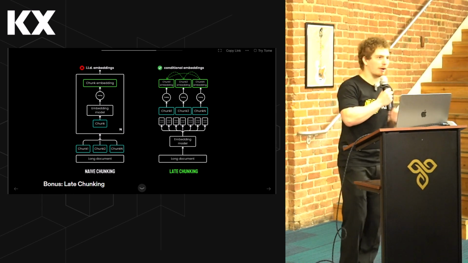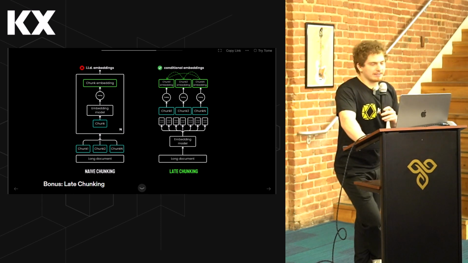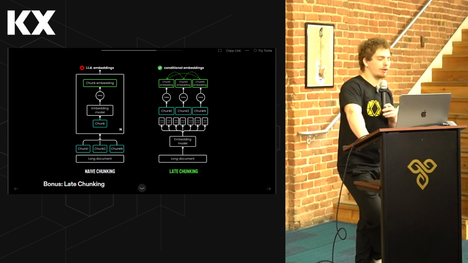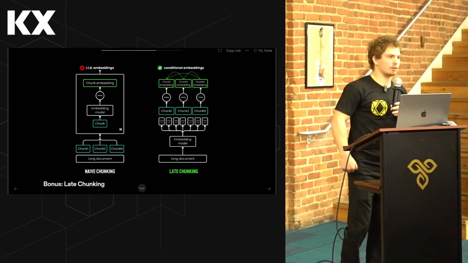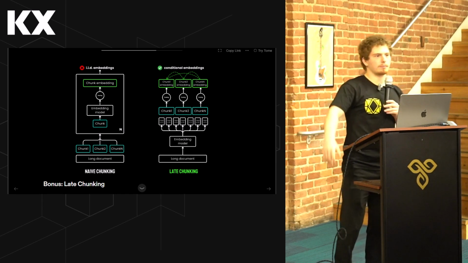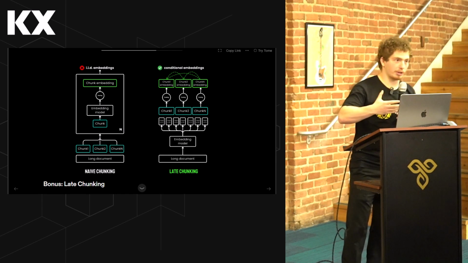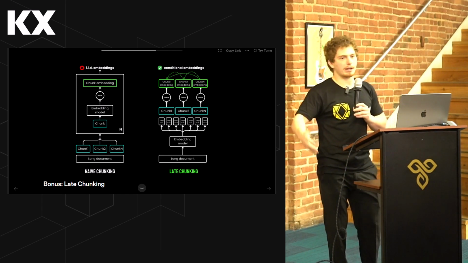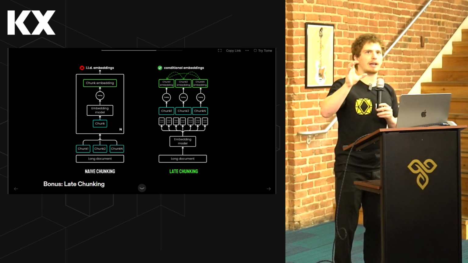Okay, bonus round. I swear I'm almost done. Late chunking. You might have heard late chunking around, and what is it? Late chunking is this idea that when you're generating an embedding, instead of taking the individual chunks and putting them into an embedding model, you're going to put the entire document, hopefully your document fits in this embedding model, and you're going to get an embedding, and you pool around the edges of the chunks.